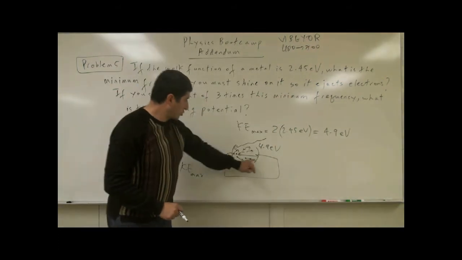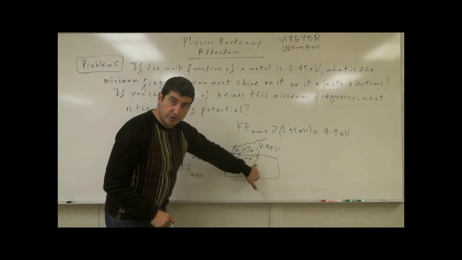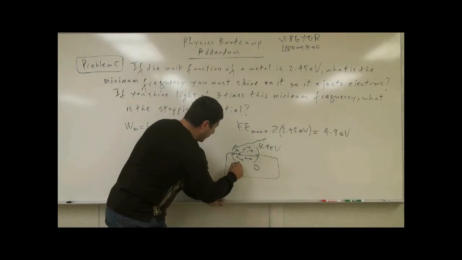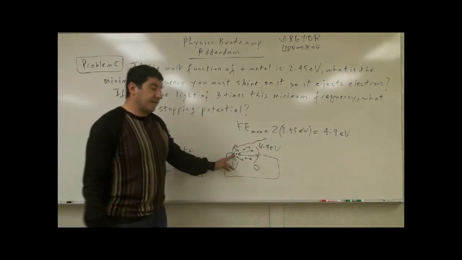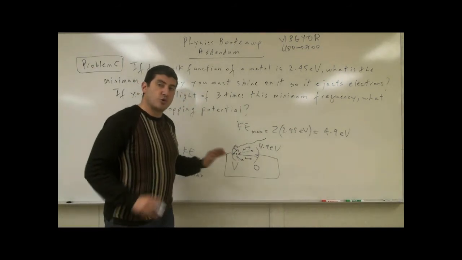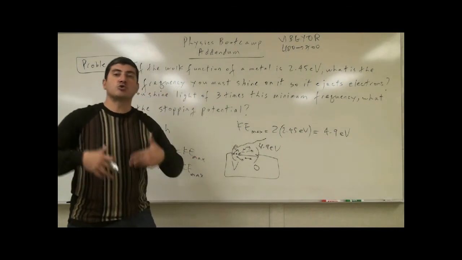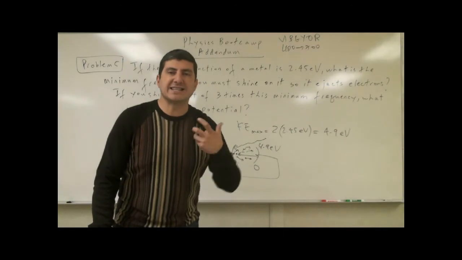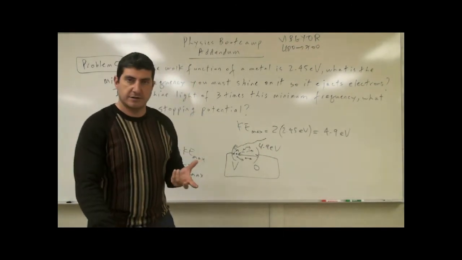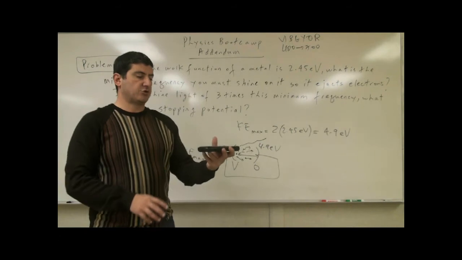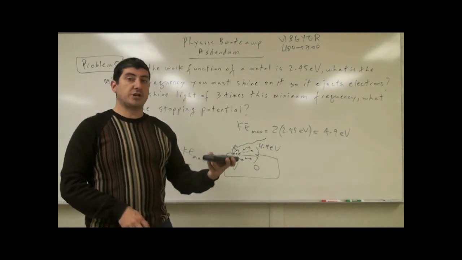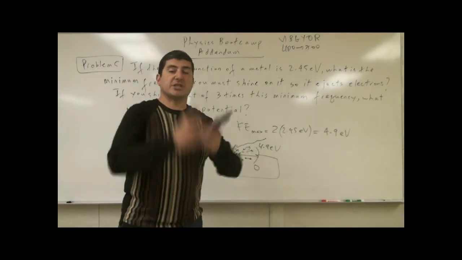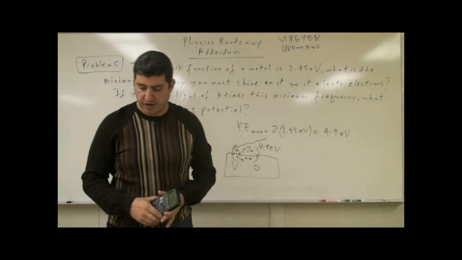So if I make this side lower potential, let's call this 0 and let's call this V, and I force an electron to go towards lower potential, it's actually going to slow down. It's gaining potential energy, like taking my calculator and forcing it to go up. By gaining potential energy, it loses kinetic energy, right?